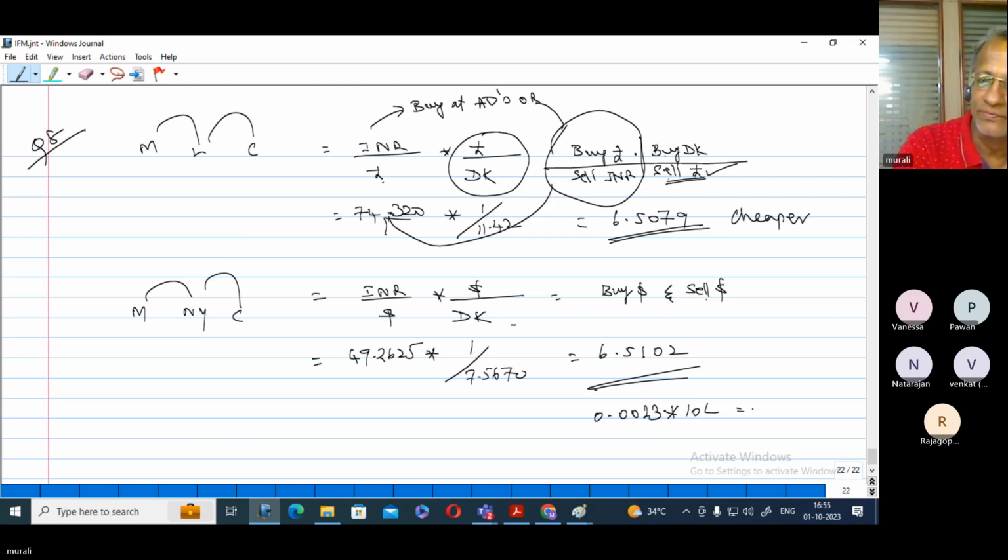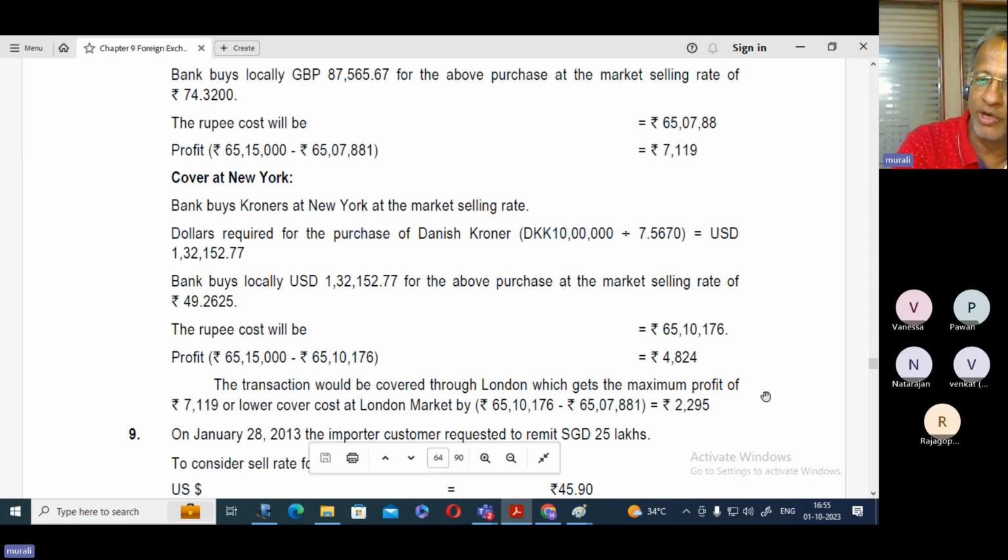So 2,300 rupees is the difference. That is what they have brought out.